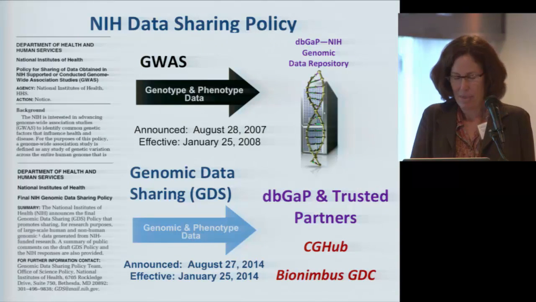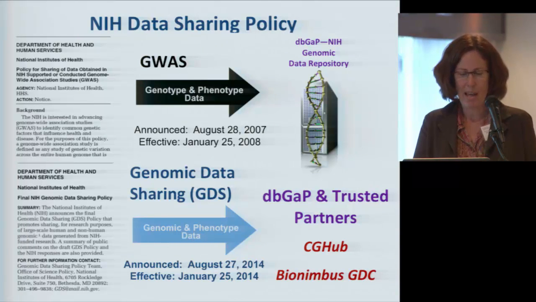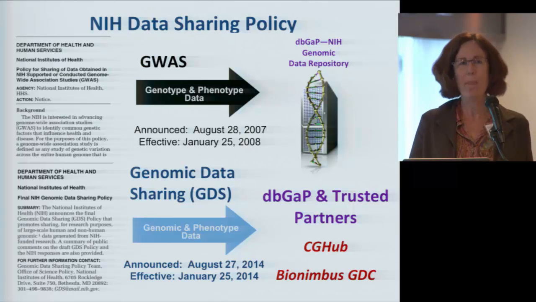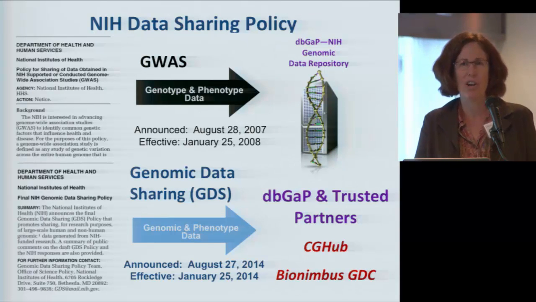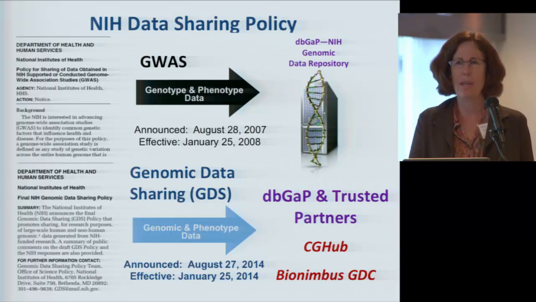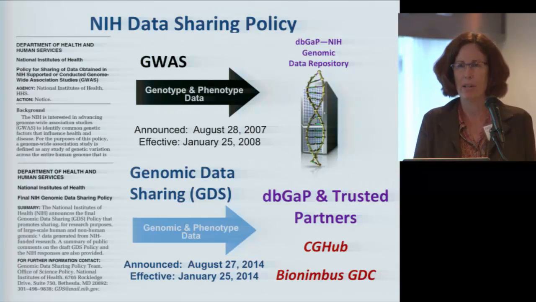And then recently there's been an update of the policy, because the GWAS policy is not really sufficient anymore to handle the growing needs of data sharing as it's developing in genomics, omics, and other types of biomedical and clinical data types.